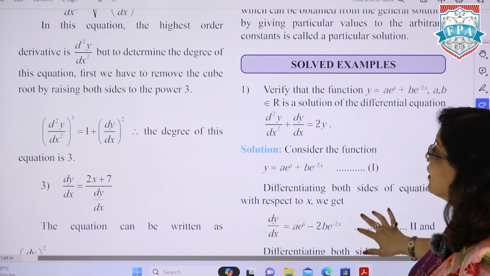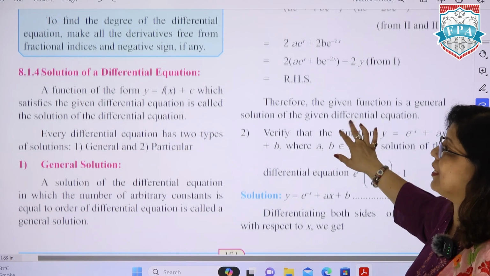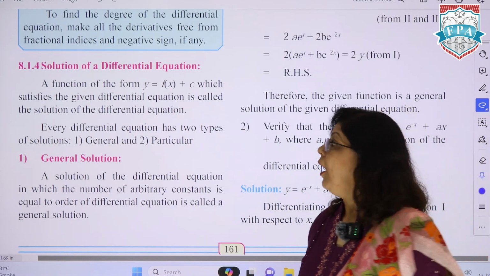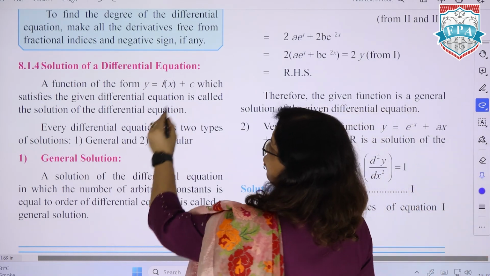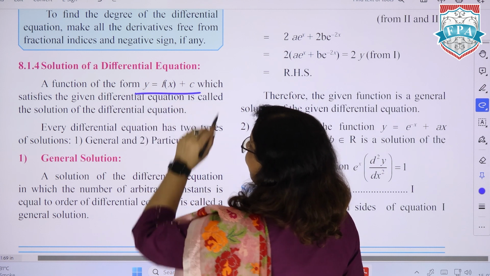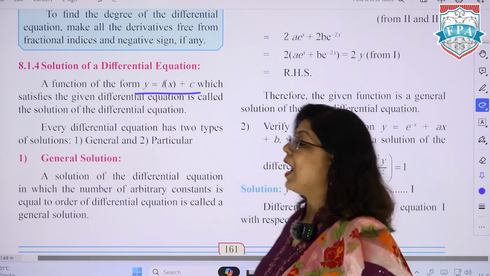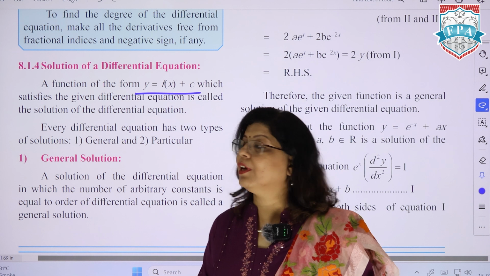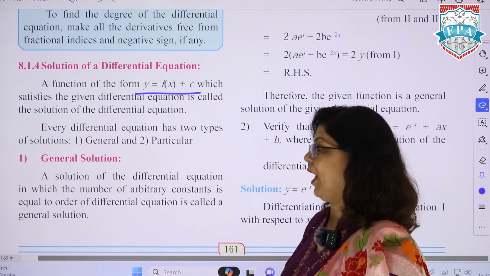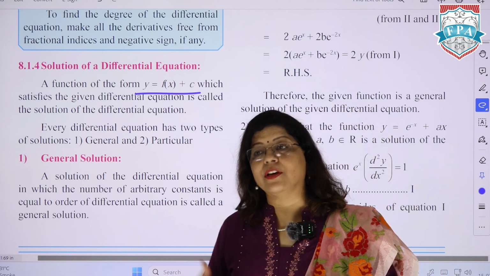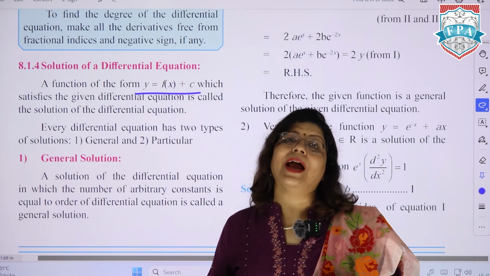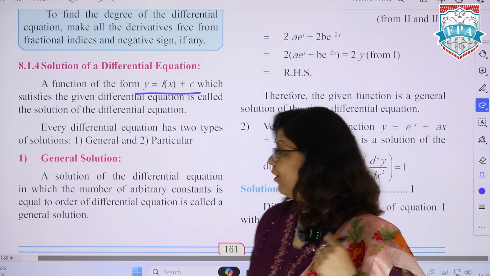Now the second thing is how to solve a basic differential equation. Any function y is equal to f(x) plus c which satisfies the differential equation is basically the solution of that. And to come to the solution, we have to go to the antiderivative, which is integration.